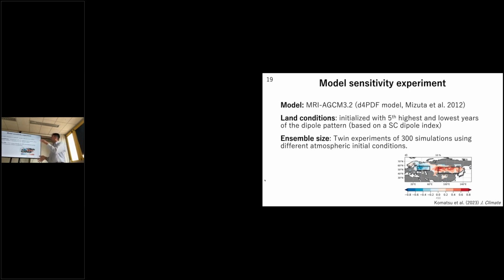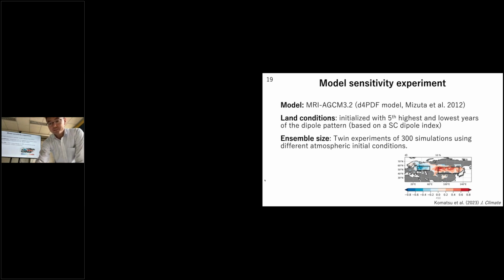So we randomize the atmospheric conditions, but keep the same initial conditions for the land, to extract the land snow influence in the ensemble simulation. We did two experiments using the five highest and lowest years, and we compared the results.